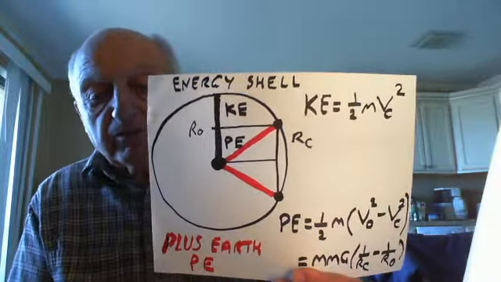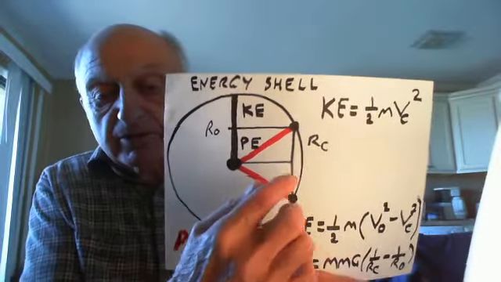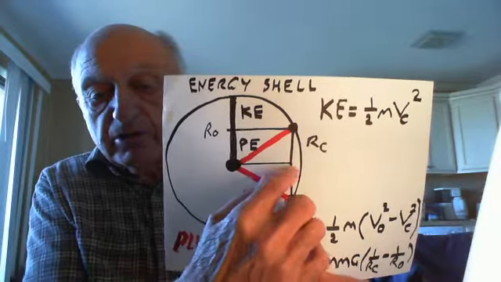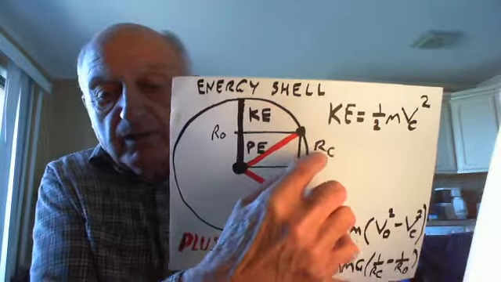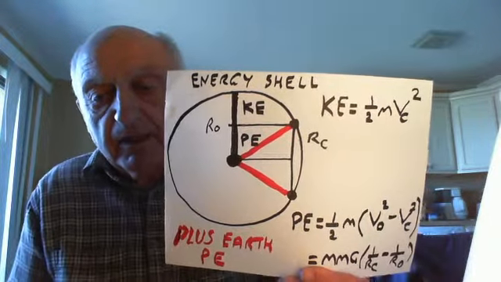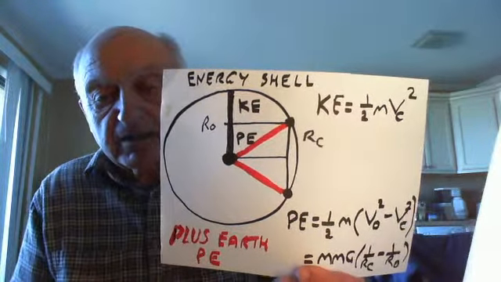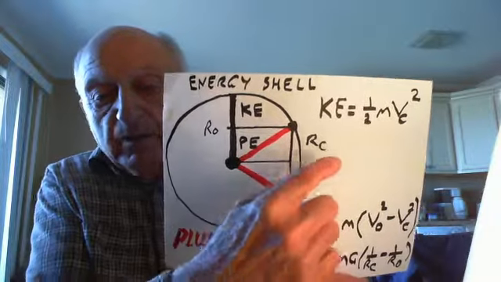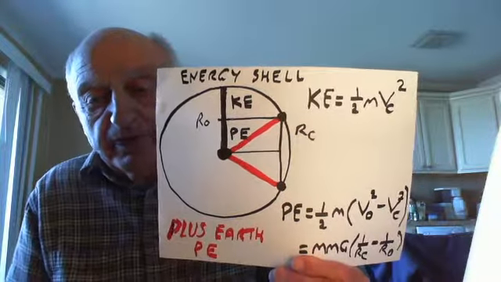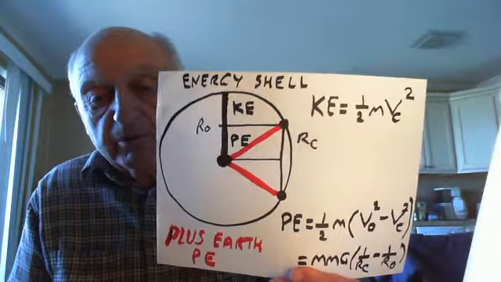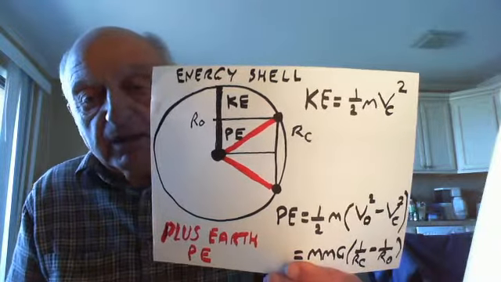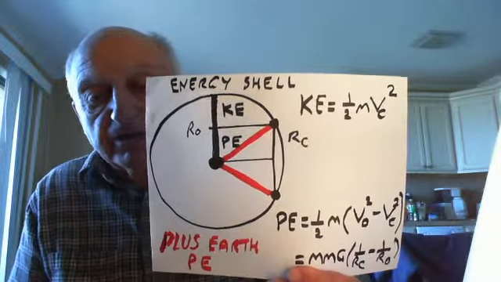But after it had become a circular orbit, which is shown here on the surface of the shell, it has half the radius, and RC there is the radius of the orbit of the moon as it is now, half the initial radius.